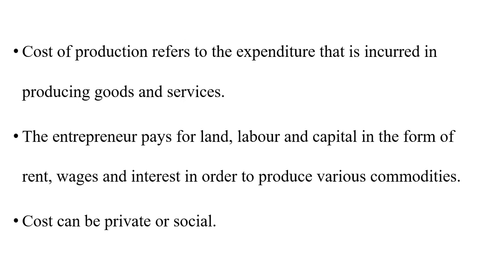These resources that are combined to produce a good must be paid for in the form of rent, wages, and interest. So it is in this process that cost is derived. You pay for inputs and you use these inputs to produce a good. So the total cost paid to get these inputs in order to produce an output is the total cost.